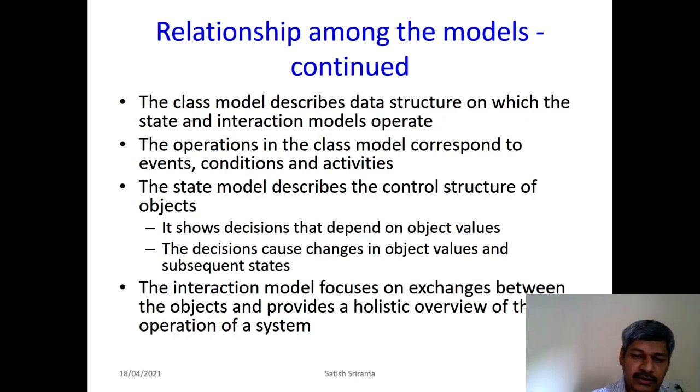The interaction models focus on the exchange between the different objects and provide a holistic view of the operation of the system. That is what we have seen with use cases, and of course the sequence diagrams and activity diagrams.